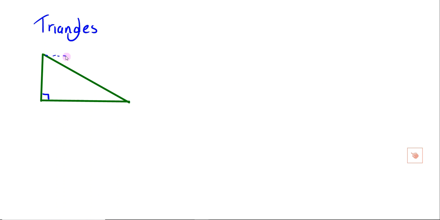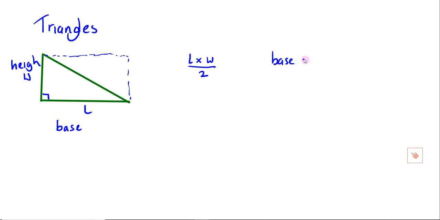It's up to you, you don't need to do this, but we could have started with a rectangle with width and length, and we do length times width, but then we divide it by 2. Then we turn that into a triangle and call this the base and this the height. So it becomes base times height divided by 2, or 1/2 times the base times the height, same as divided by 2.